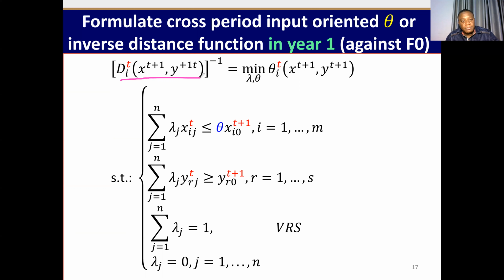X0, X to the power t, comma, Y to the power t. Now, whatever is here will still not change. It will still be X^(t+1), Y^(t+1), to the power negative 1.